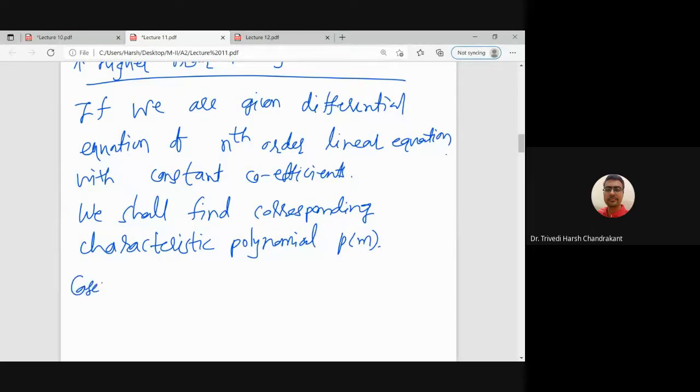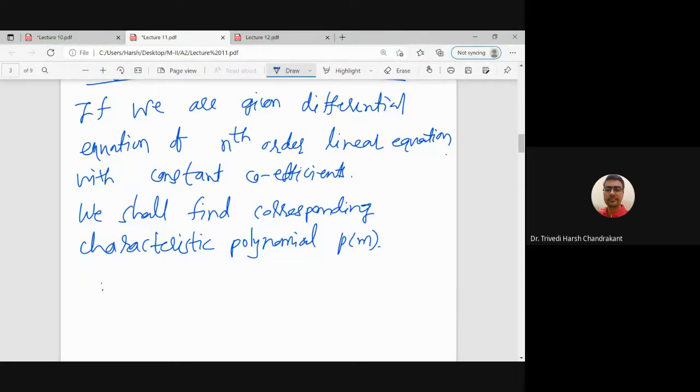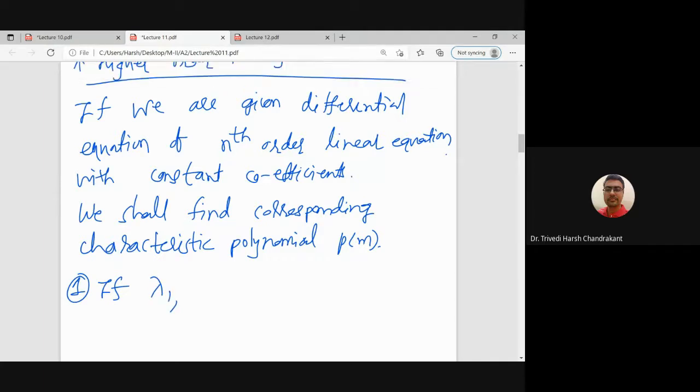Yeah, so here instead of having the cases, we have 3 points. So first point is that if we have distinct roots of the polynomial, so suppose m1, m2, up to mn are distinct roots of the characteristic polynomial.